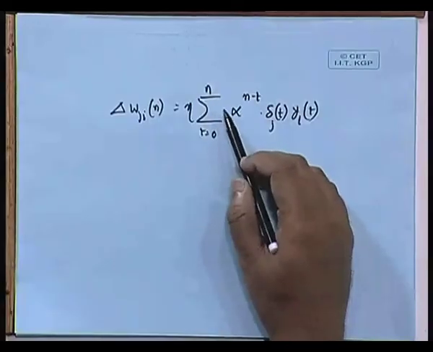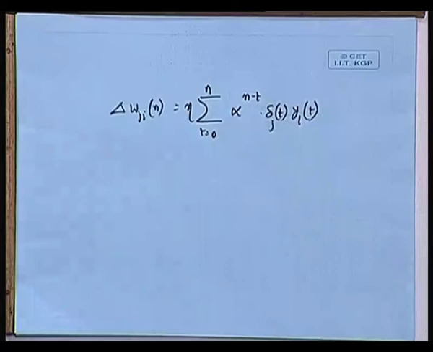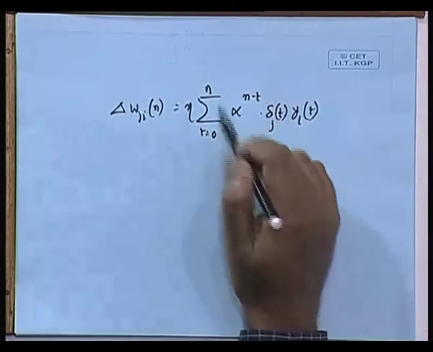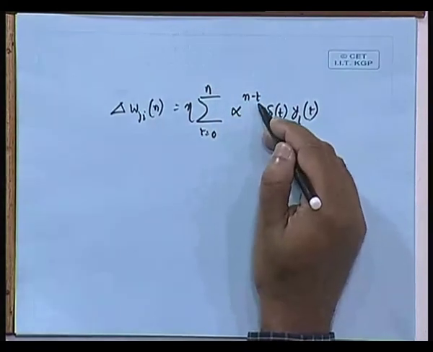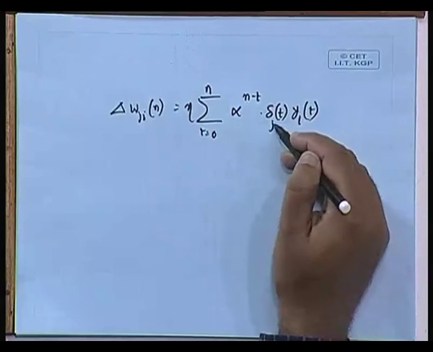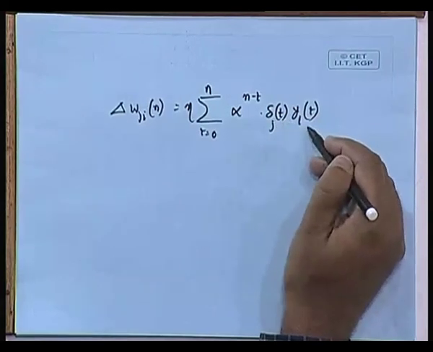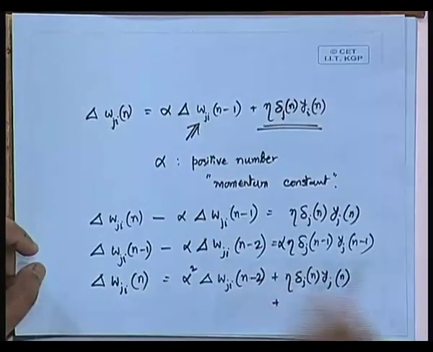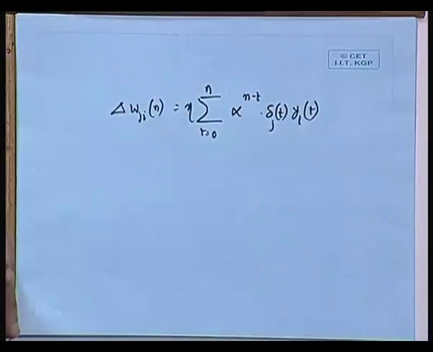Then t is equal to n minus 1, if you look at it from a reverse way, means it is alpha to the power 1, delta j n minus 1, y I n minus 1, the term that we were writing out here for the second equation. And like this it is a summation series.